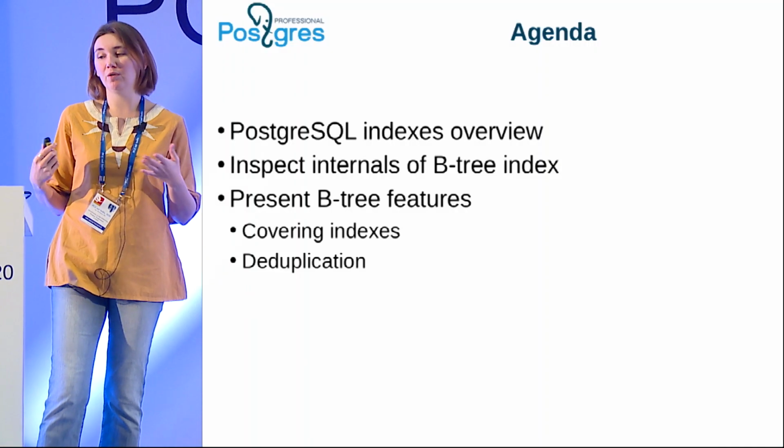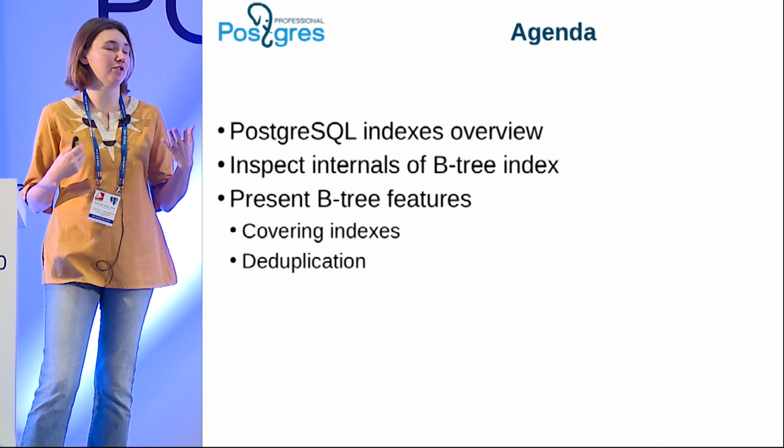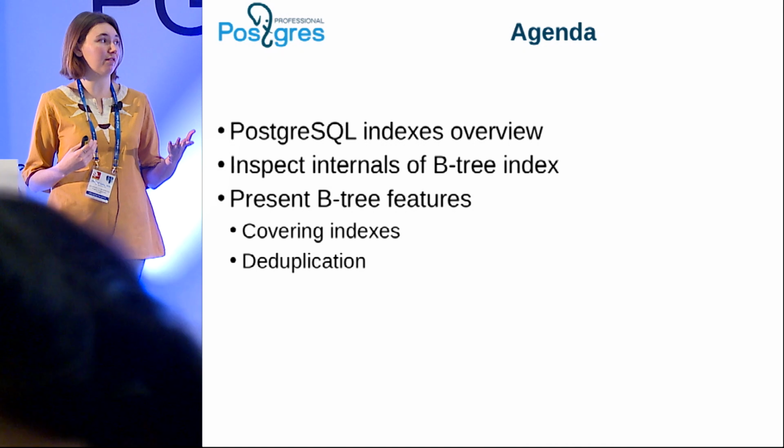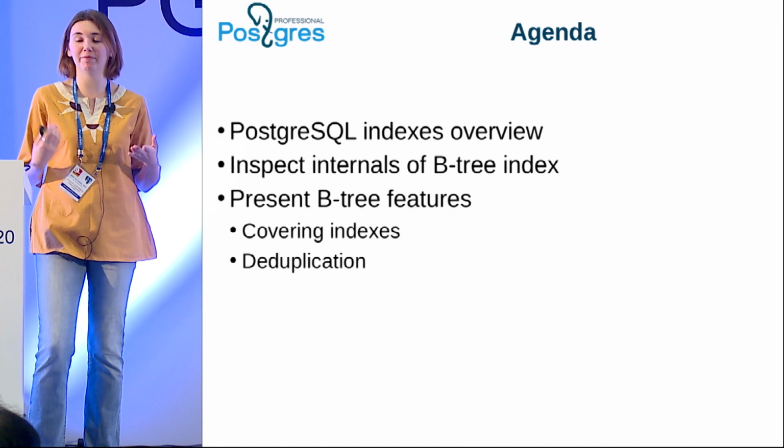Today, I'm going to present the talk about B-tree indexes, which are the heart of Postgres, in my opinion, and I'll try to share this idea with you. So first of all, the agenda of this talk. At first, I want to talk a little bit about Postgres indexes in general. What their difference is from other databases that you may be familiar with.